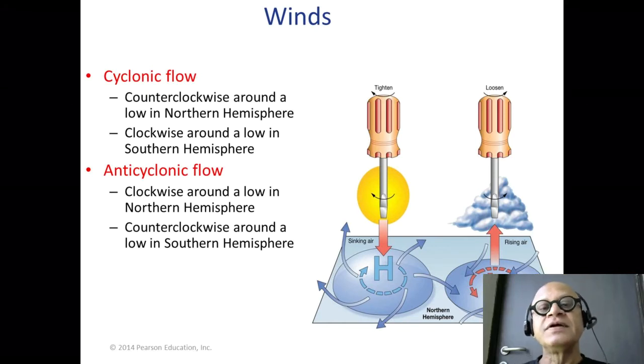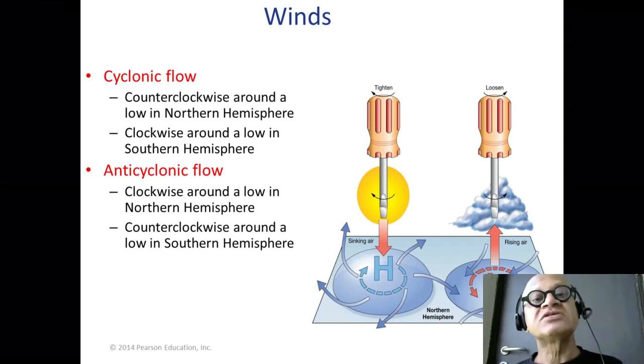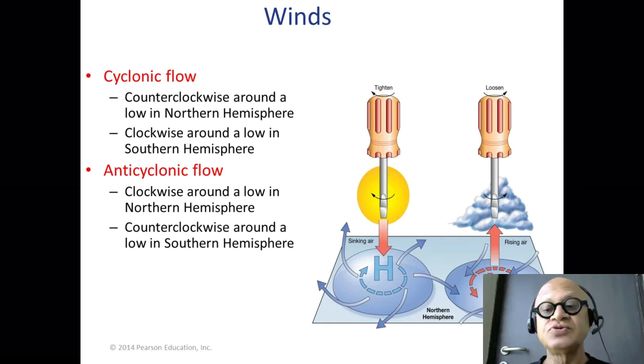Okay, so given all that, what happens locally? You have things like cyclonic flow and anticyclonic flow. Here again, you use your simple Coriolis knowledge to do this.